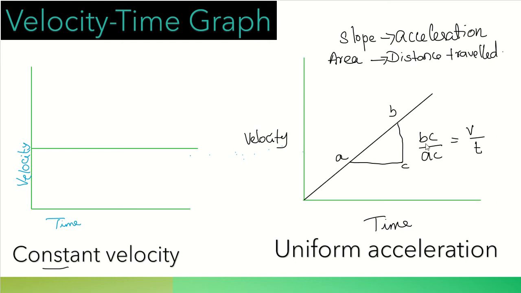Say you are taking the area of this graph, let's say this is O, A, and this is B. This is a triangle, right? So how do you calculate the area? Area A is equal to half into base into height. This is the formula for the area of a triangle, because the graph is creating a triangular area under it.